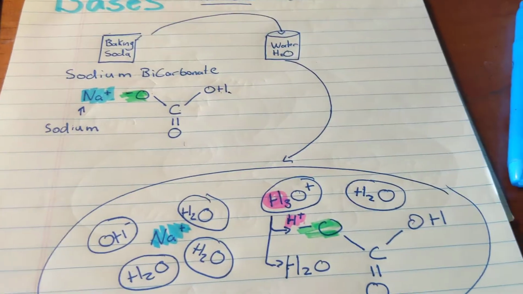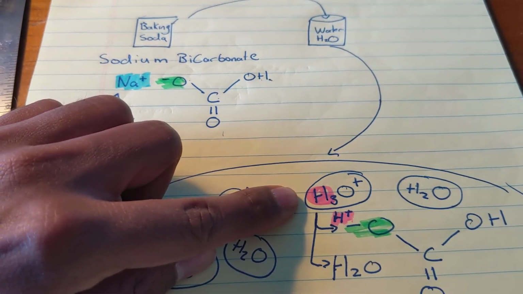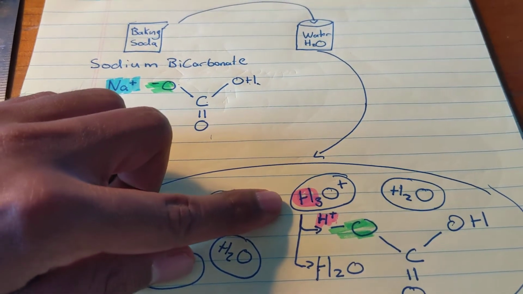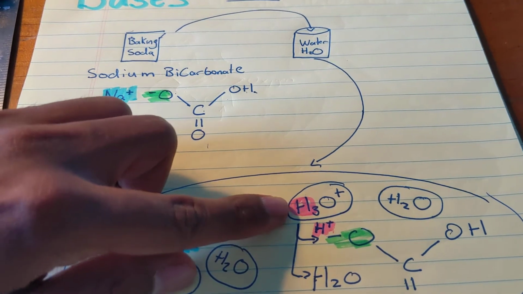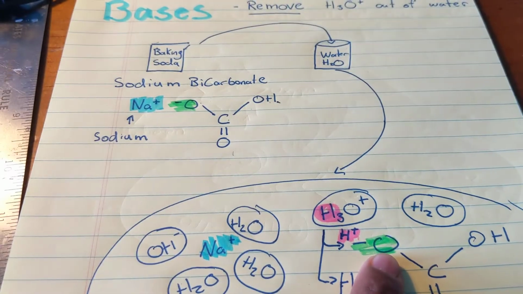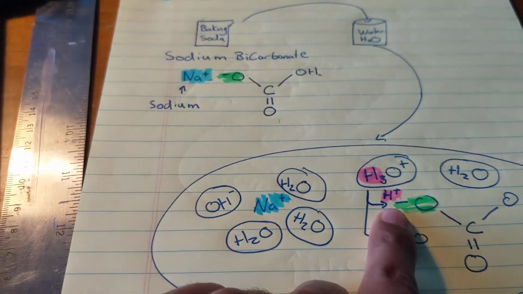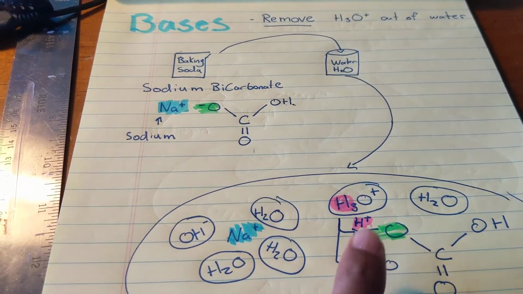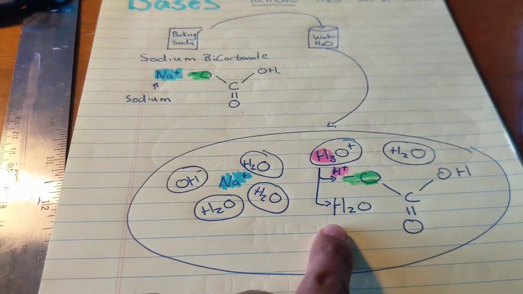And it's going to try to find that from a hydronium ion, because that hydronium ion is like water, except it has that extra H plus on it, making it H3O instead of H2O. So that minus oxygen is going to find a hydronium ion, take that extra H plus from it, and then that hydronium ion turns back into water.